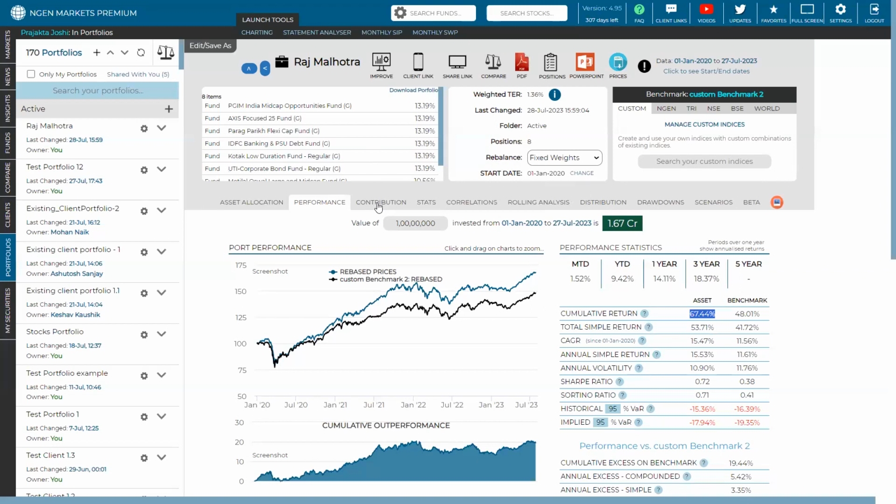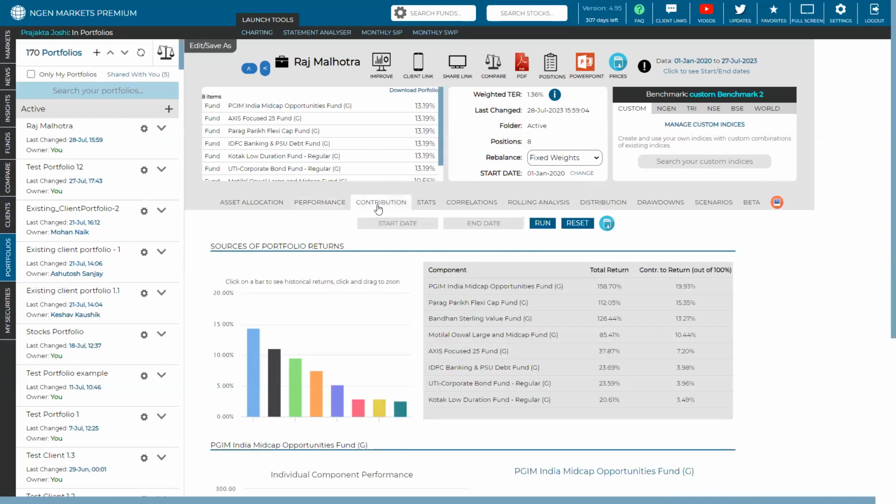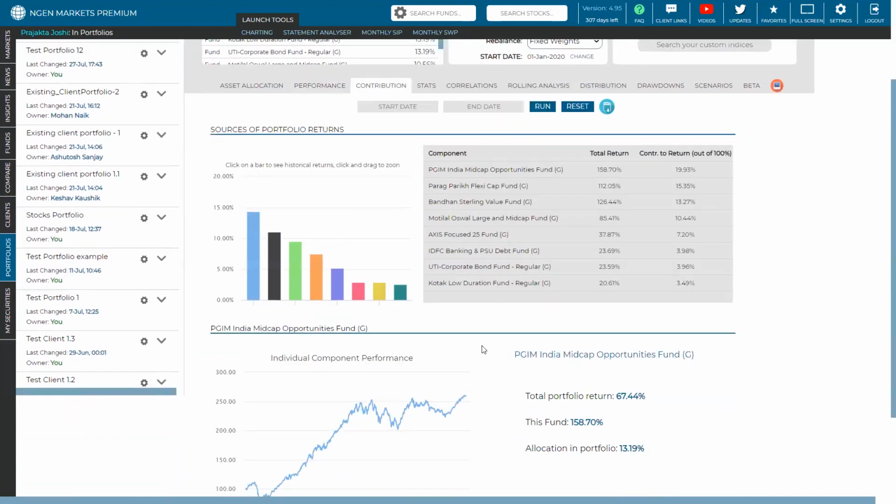For that, head over to the contribution tab. When you go to the contribution tab, you will see that out of the total portfolio return of 67%, PGIM contributed 14.29%. So out of the 67% portfolio return, 14% has just come in from one single fund. That's PGIM India Midcap Opportunities.